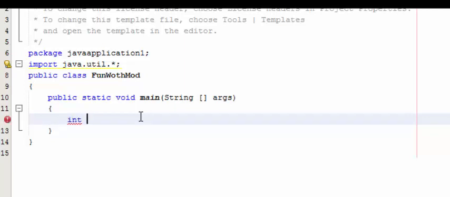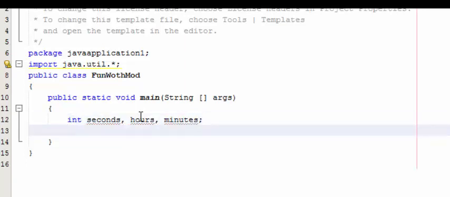We of course want to have the original input, which you could call seconds if you want. And then how about we have hours and minutes? So there are the variables that we're going to have, but we also need to have a scanner. So how about Scanner? I'll call it stdin, standard in.